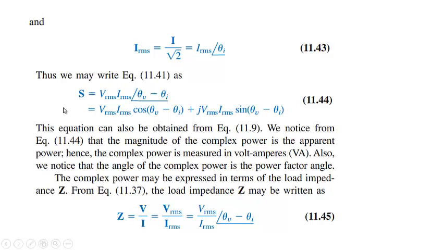So we have got two pieces of information: the complex power magnitude is nothing but the apparent power, and the angle of the complex power is the power factor angle.